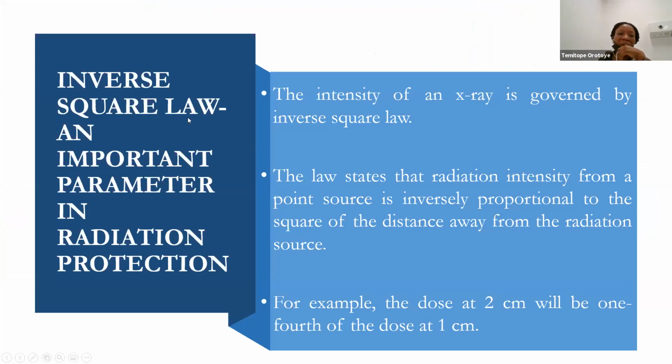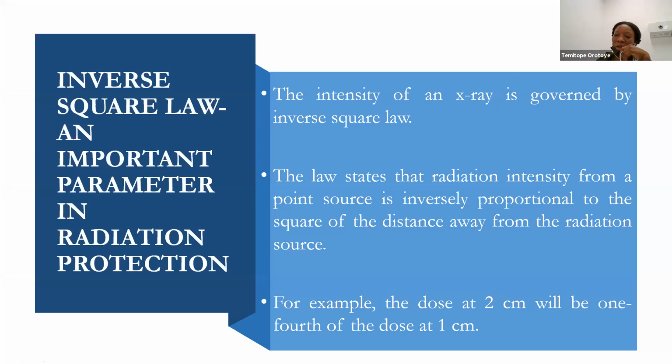Okay, so the inverse square law. This is a very important parameter; as far as radiation is concerned, you have to talk about the inverse square law. It tells us about the intensity of radiation.